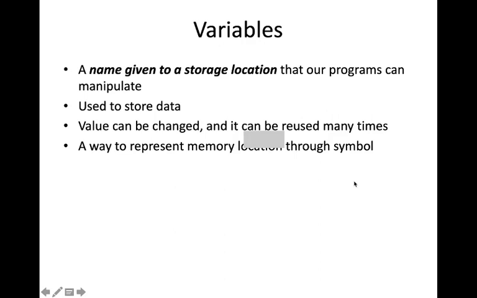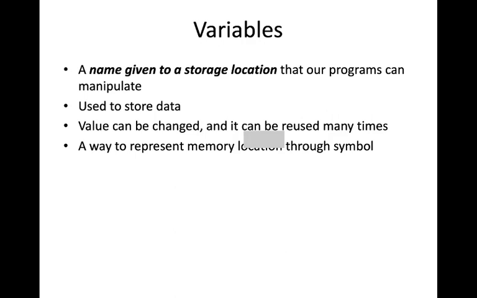So we cannot directly specify the memory location. Actually, there are addresses for each memory location. If you have some bytes of memory, there will be a particular address location like 5000. Those are integer values: 5000, 5002, 5004. Similarly, there will be different address locations.